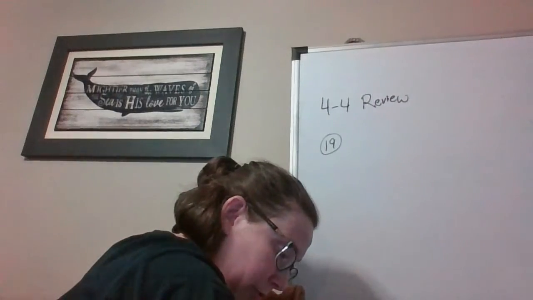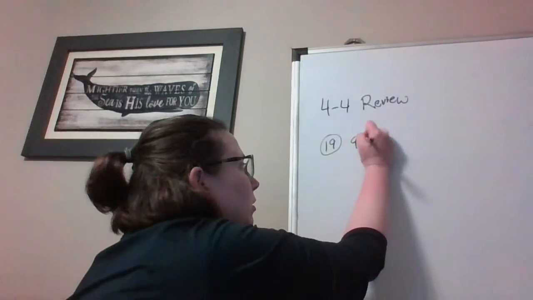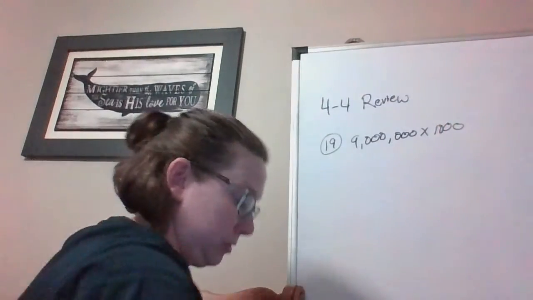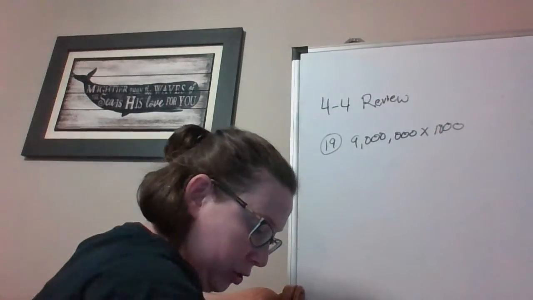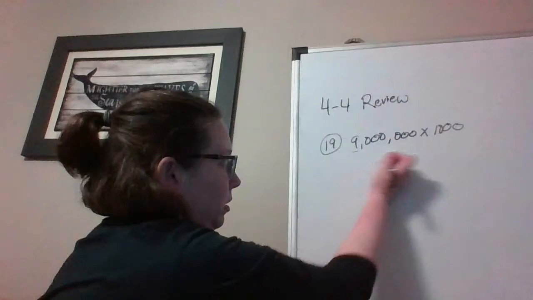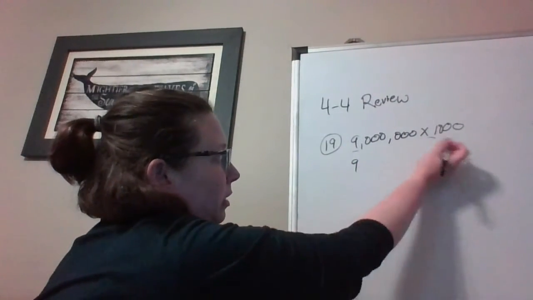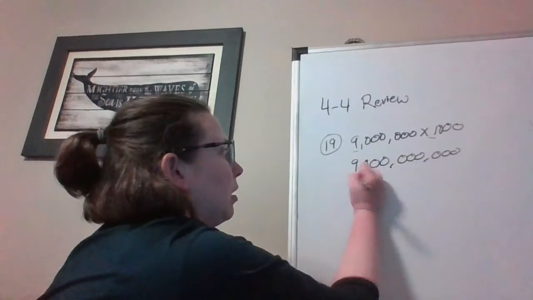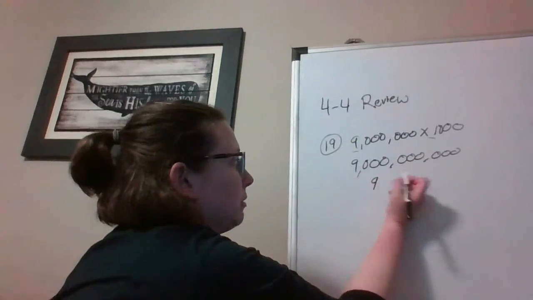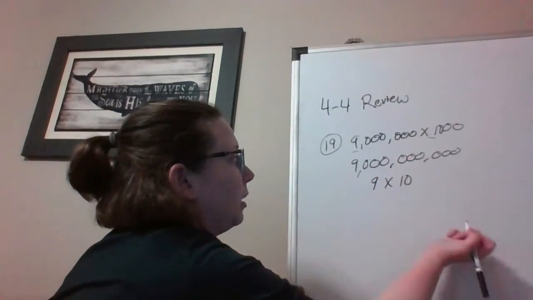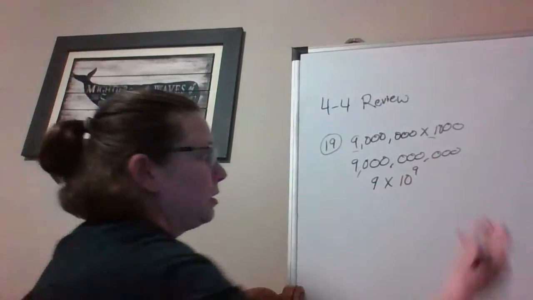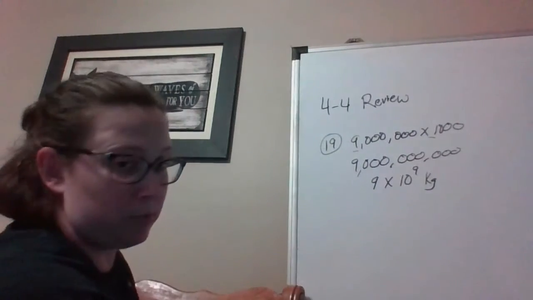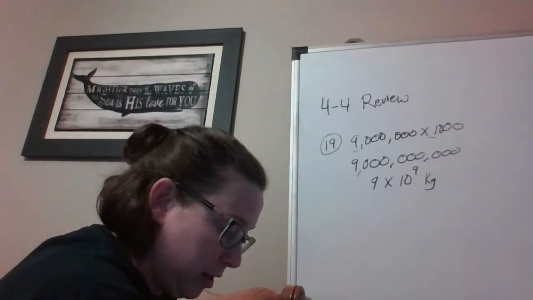So we have 9 million times 1,000. And when you do that, we can just multiply the 9 times the 1 and then add all these zeros. And we are asked to put this in scientific notation. So we're going to say it's 9 times 10 to the 9th power, and that is in kilograms. So there you go for number 19.